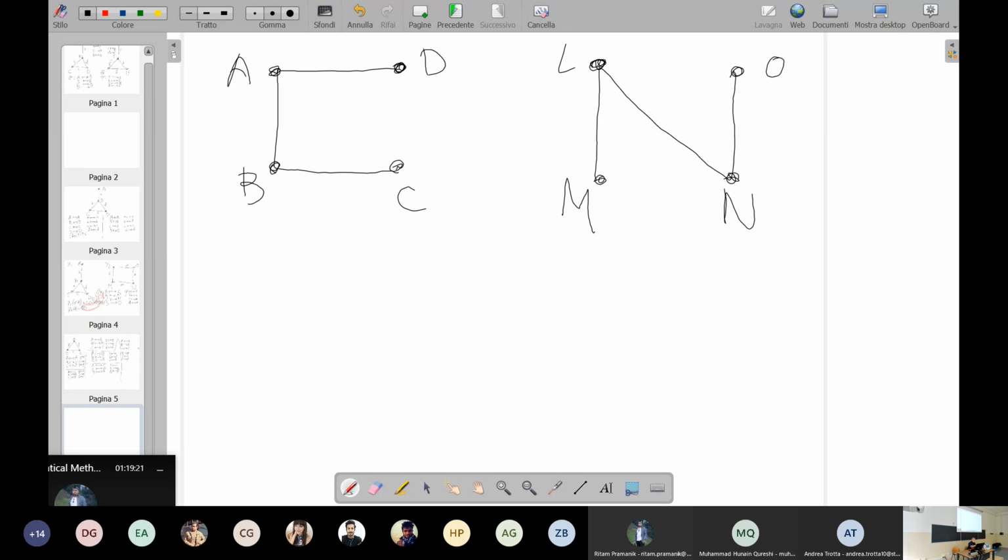And here, let's call these E, F, and G. And here, these P, Q, and R, okay? Can we find an isomorphism between these 2 graphs?